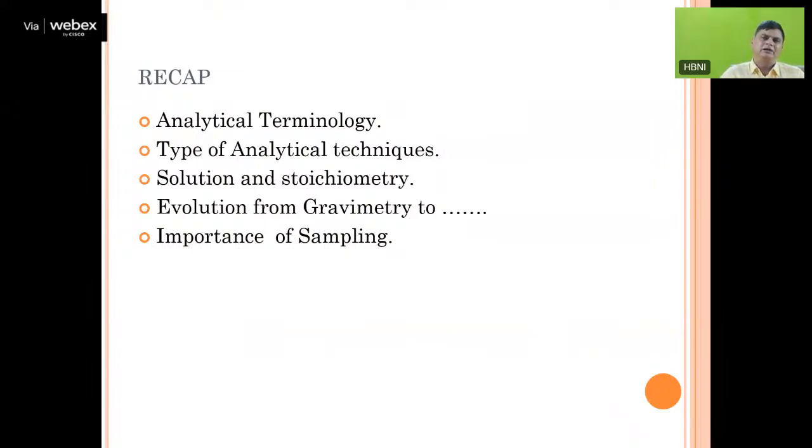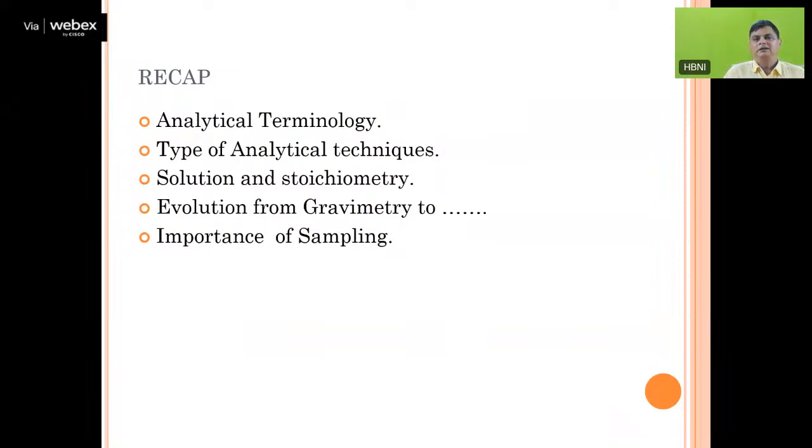Various types of analytical techniques: we have seen that all the analytical techniques have been divided into three categories. One is the absolute technique, where we do not need any kind of CRM because they are capable on their own.